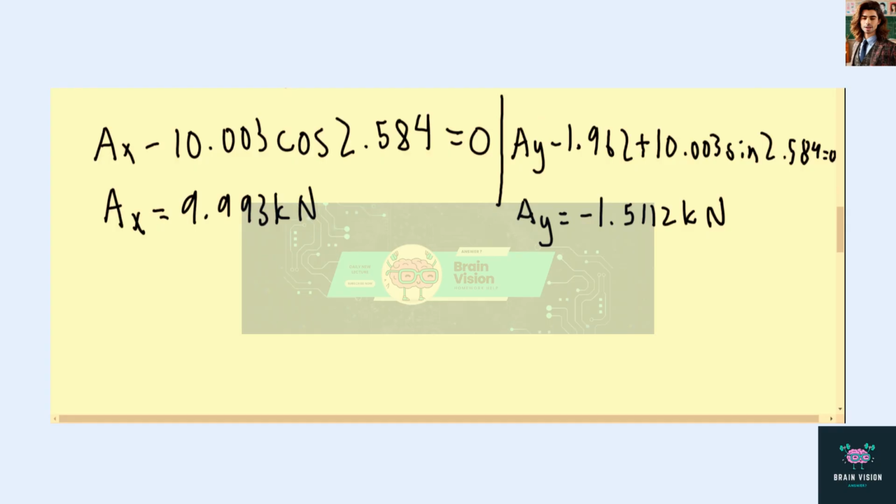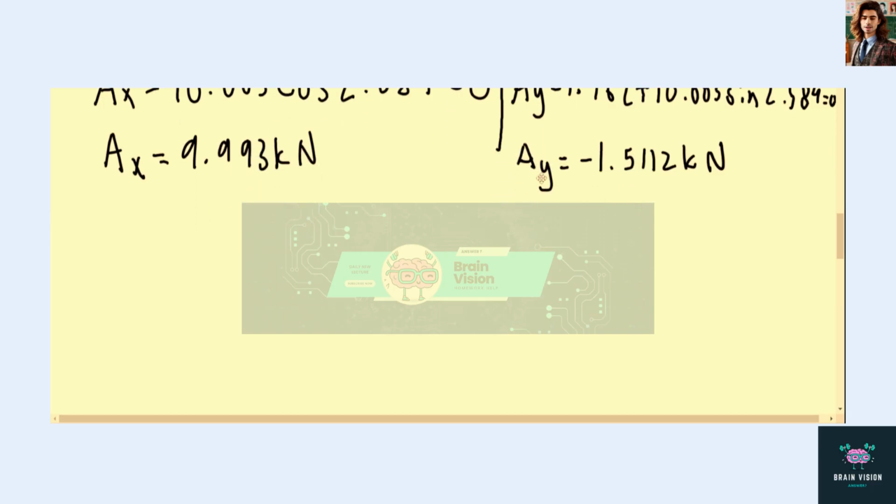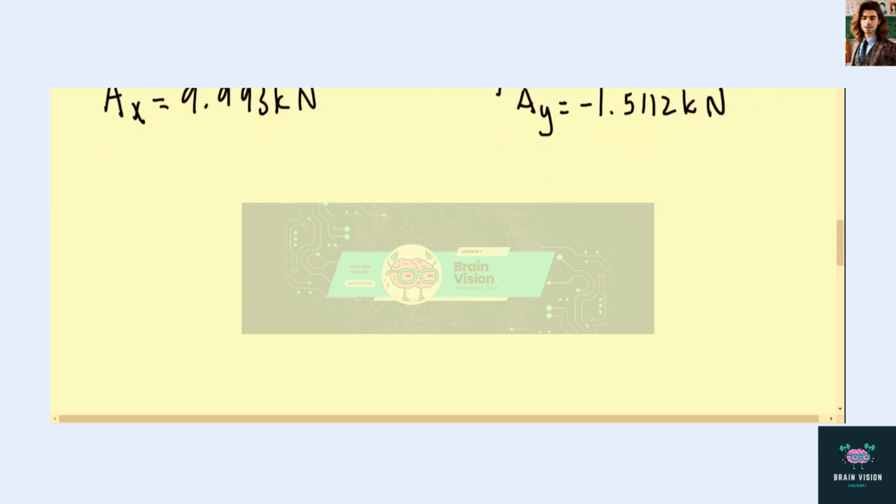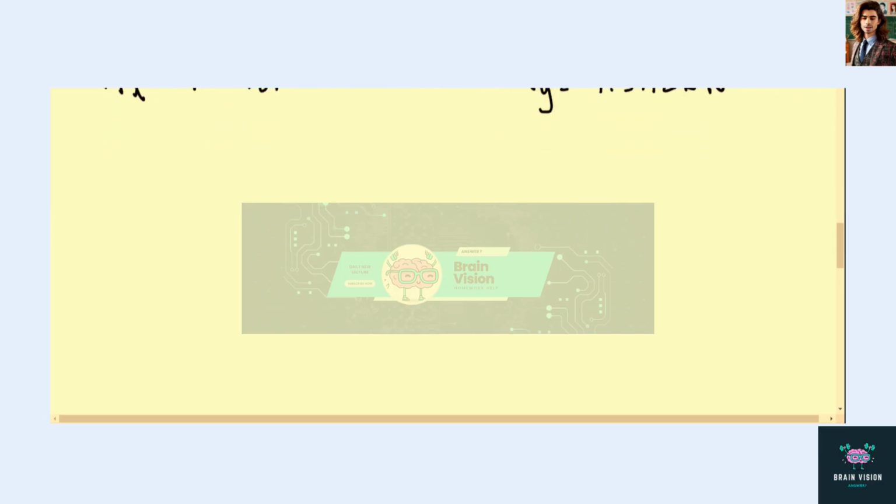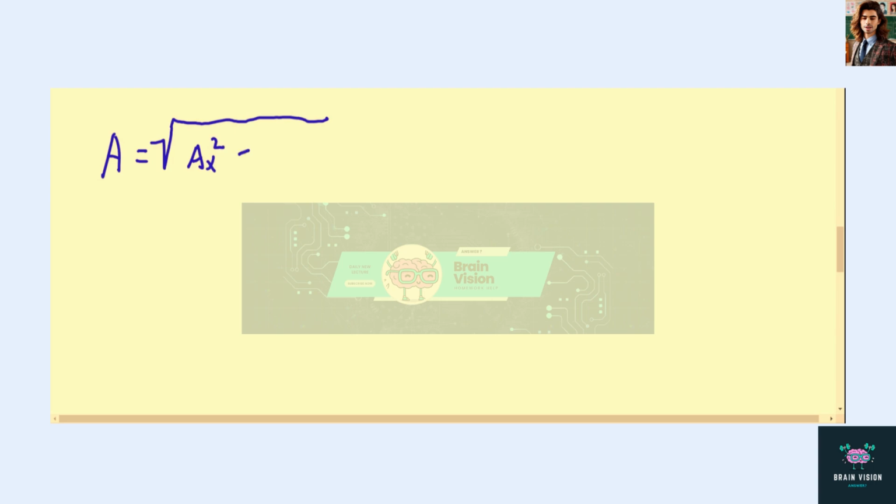To get the force at the point A, we can take the x component and the y component and take the square root of them added together with each component squared. So the force A is equal to the square root of A of x squared plus A of y squared.